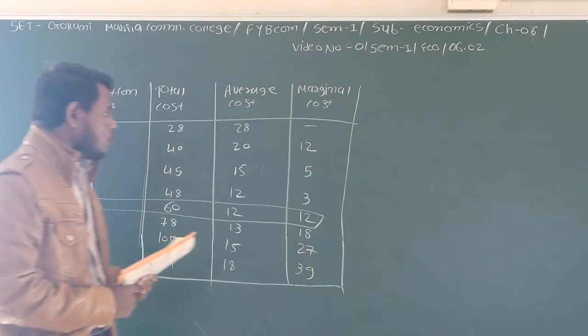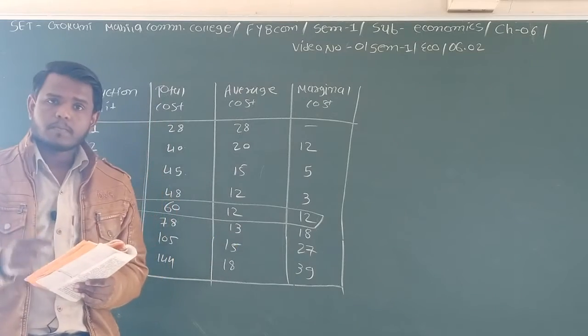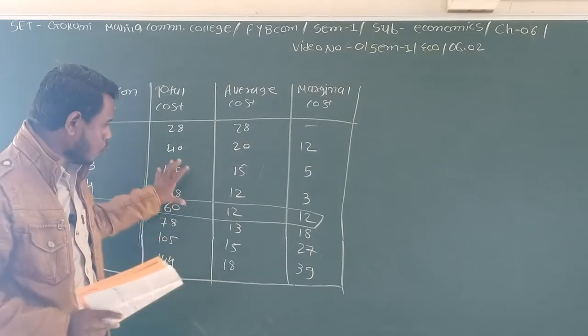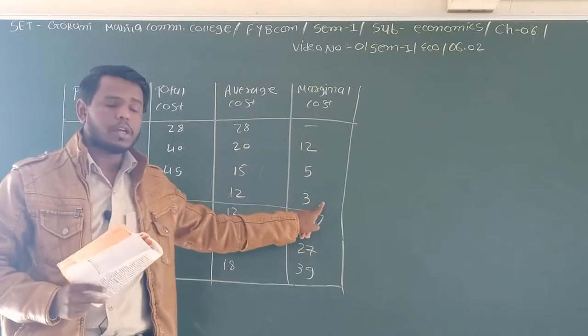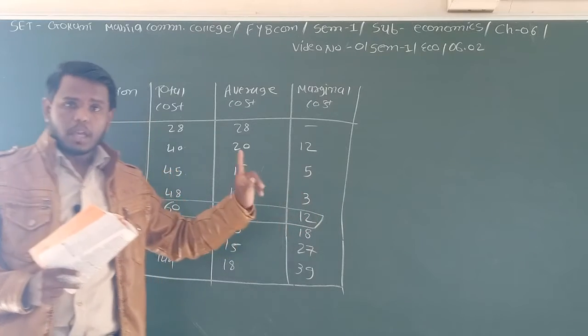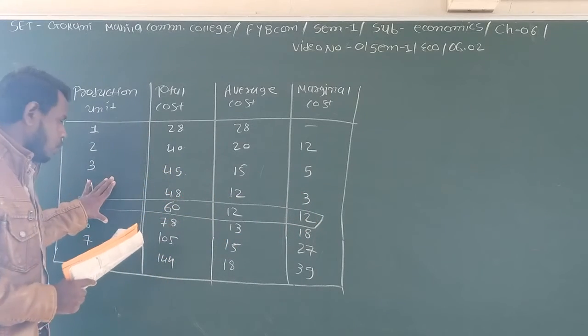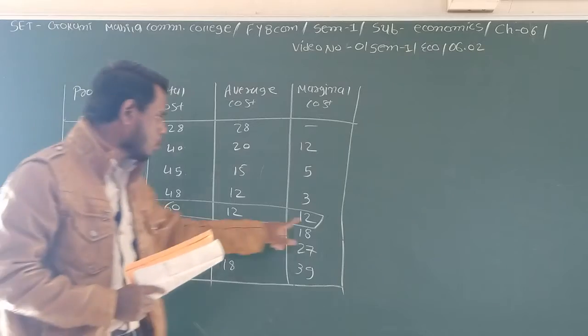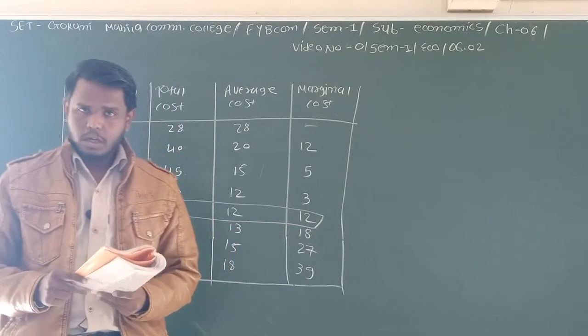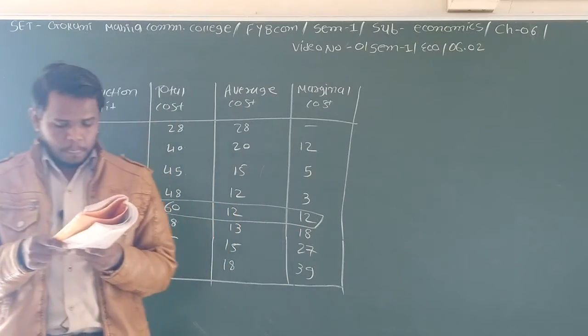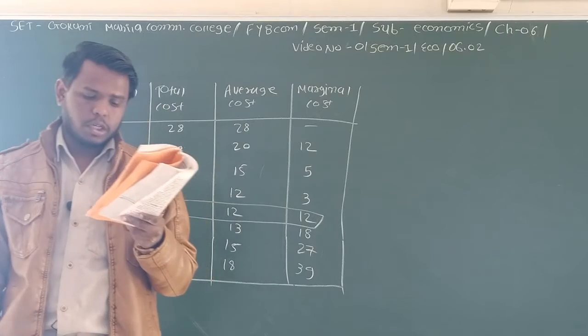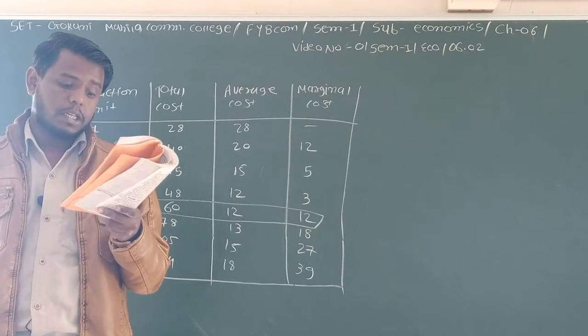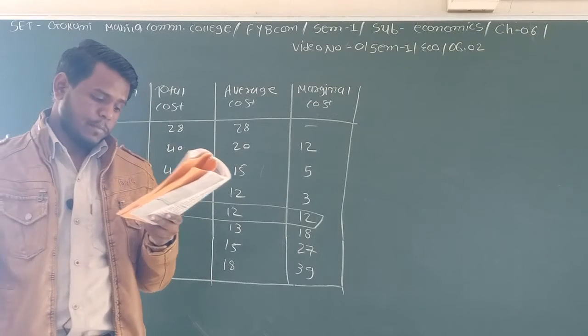Here if you want to make one more unit at the 4th unit, you have to incur rupees 3, and if you want one more unit at the 5th unit, you will have to pay rupees 12 in cost. Average cost and marginal cost decrease in the initial stage, but later they go on increasing.